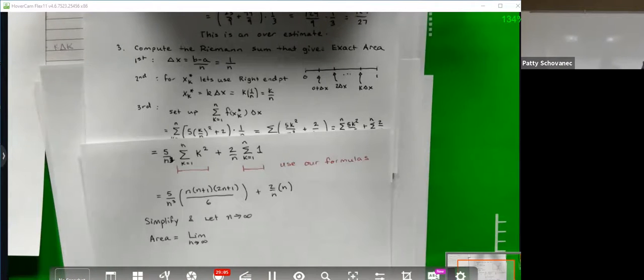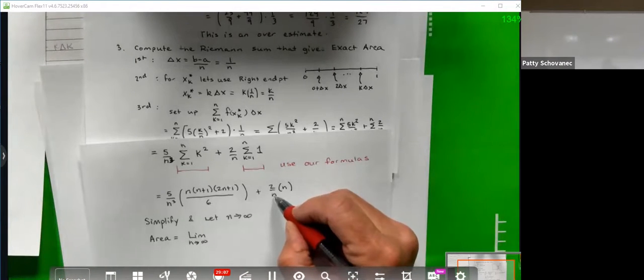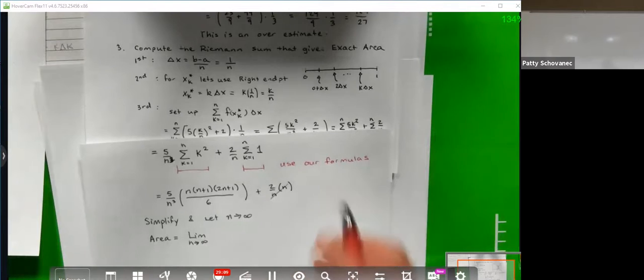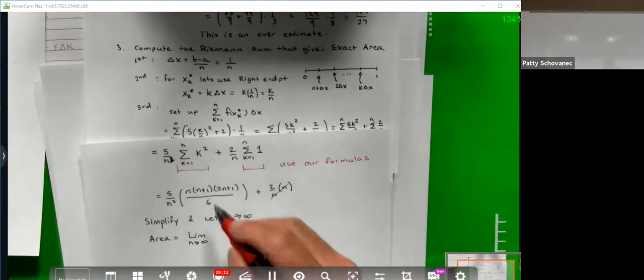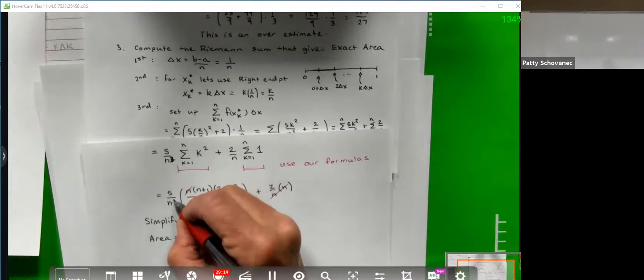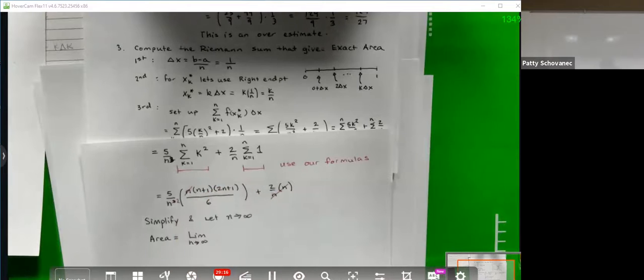So let's see. I'm going to simplify this last term by canceling the n's. I'm going to simplify this term by canceling one of the n's. Give me an n squared here. And we'll have 5 times n plus 1 times 2n plus 1 divided by n squared times 6, plus 2.